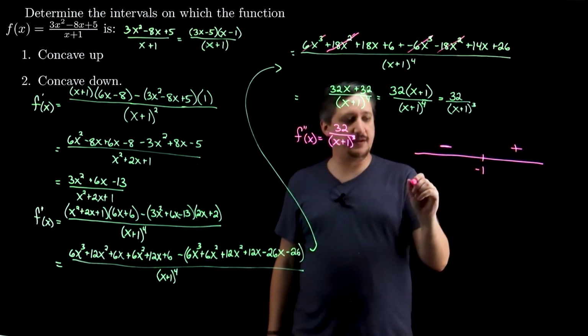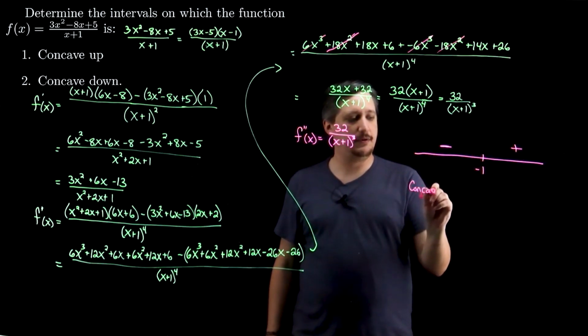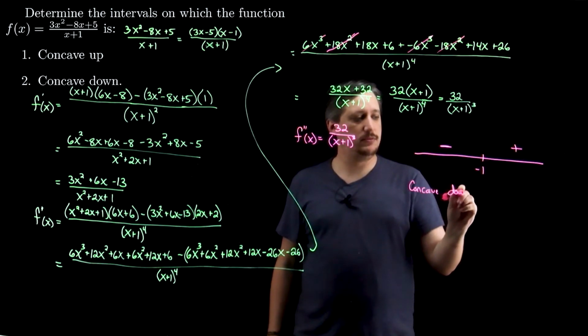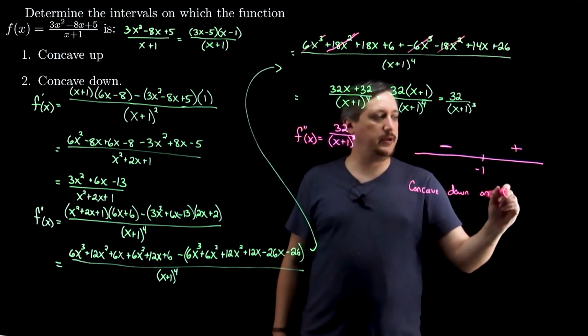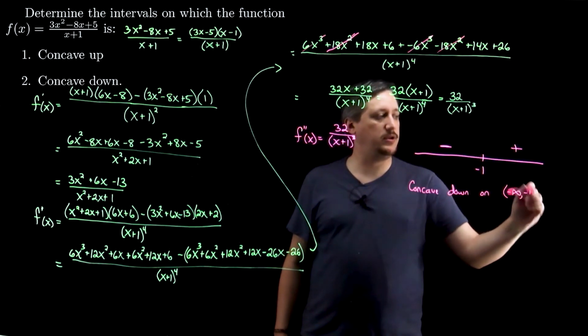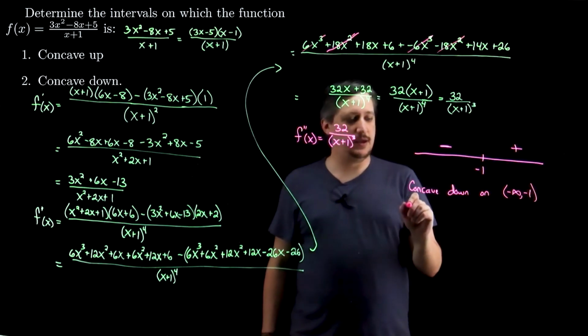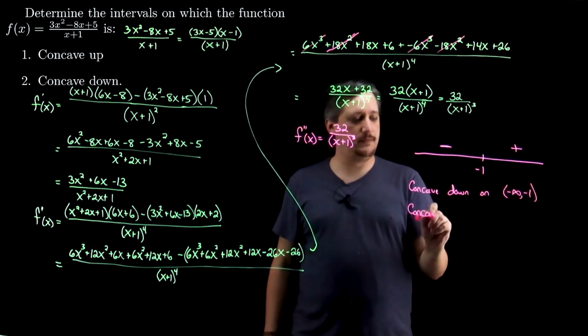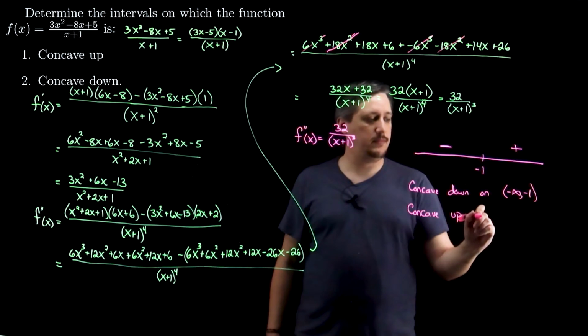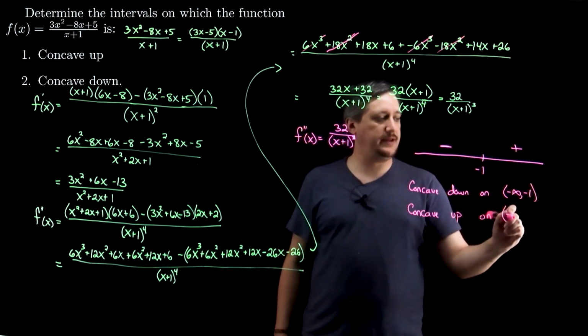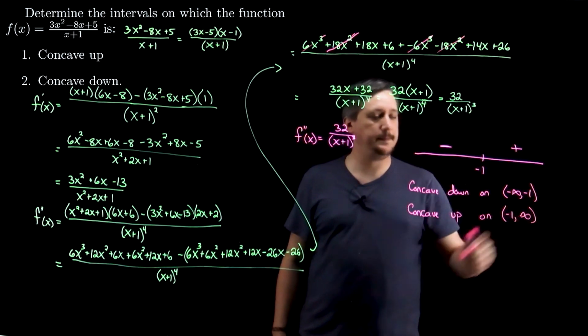So this thing is then concave down on negative infinity to negative 1, and concave up on negative 1 to positive infinity. Okay.